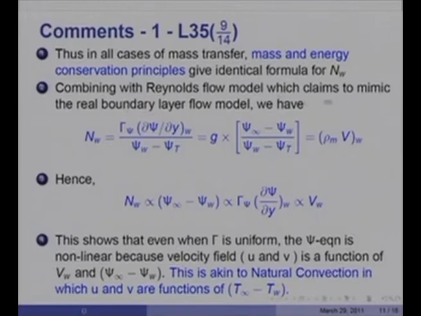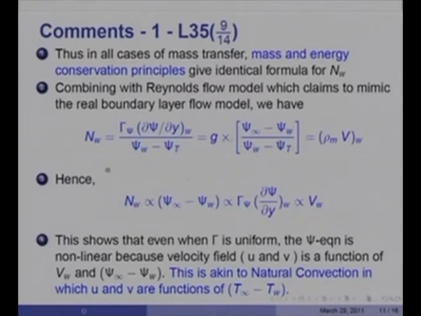Combining with the Reynolds flow model, which claims to mimic the real boundary layer flow model, we can say that NW will be equal to gamma psi d psi by dy at W over psi W minus psi T, which we have just now derived, is equal to G times B, and that must equal rho m VW. So you can see now that the momentum equations which require this quantity are coupled with the mass fraction and energy equations through these quantities.